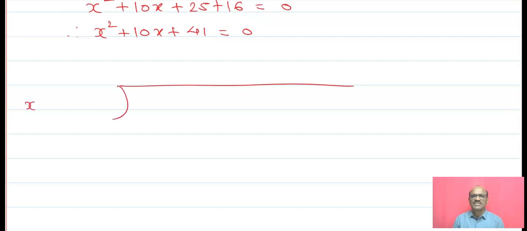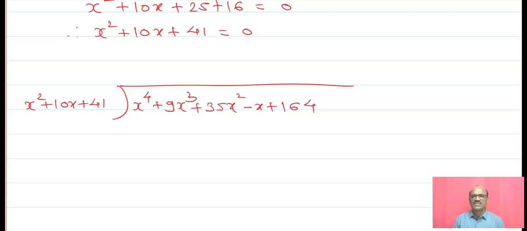Now the division is x square plus 10x plus 41, x raised to 4 plus 9x cube plus 35x square minus x plus 164.